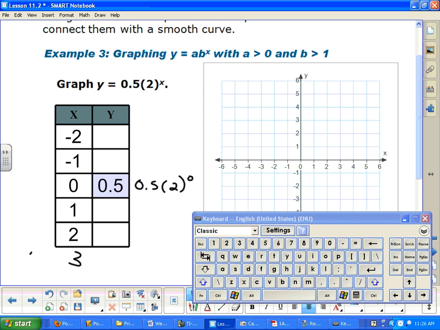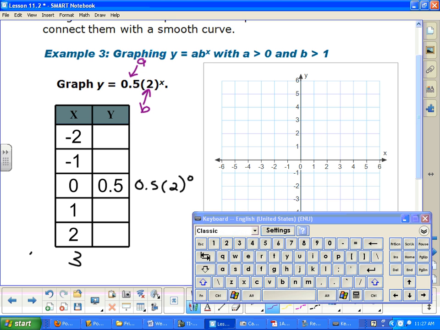Okay? Now, here's where our little bit of cheating comes in. Okay? Now, what does this number here mean? What's this number 2 mean in our formula? Remember, okay? This is A, that's B. Okay?